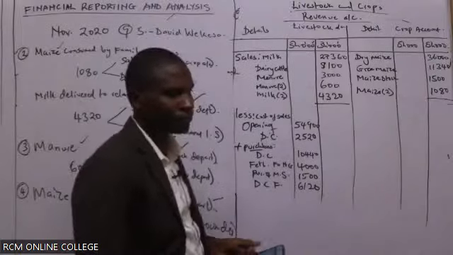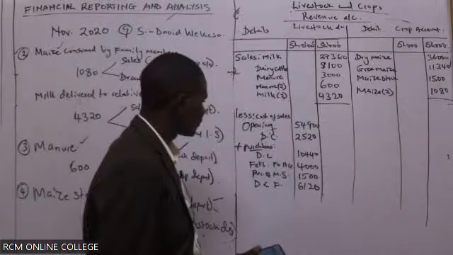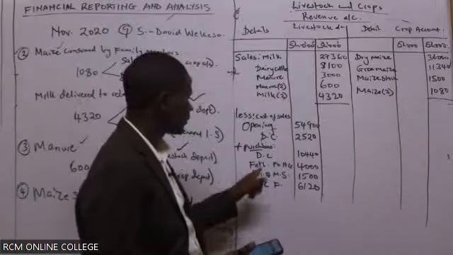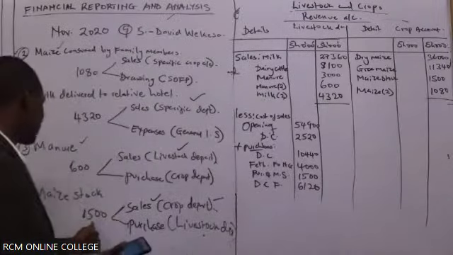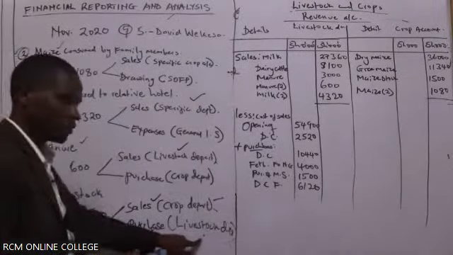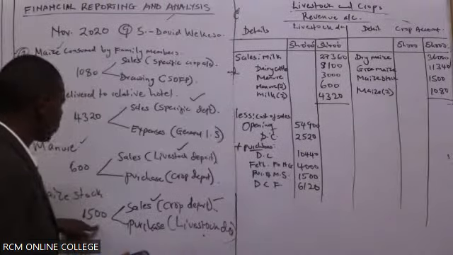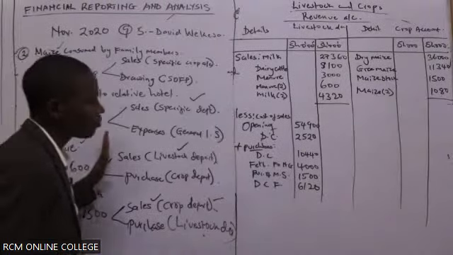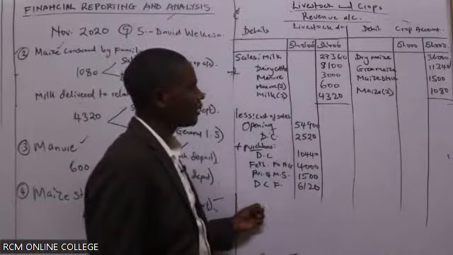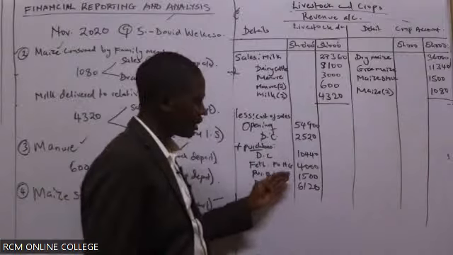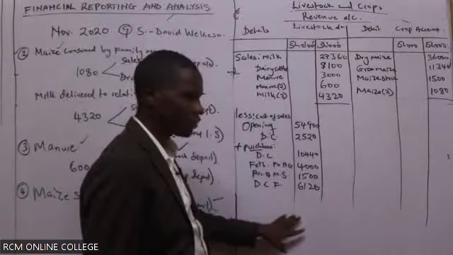After Napier grass, the purchase of maize stock, 1,500. So we shall be picking this from that point. But a bright student can proceed and check the format and then proceed with this.